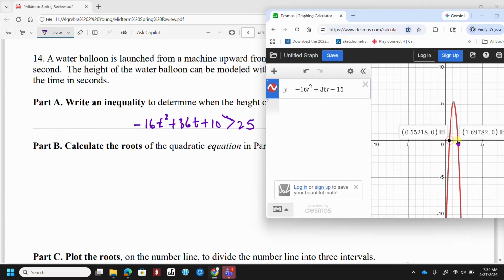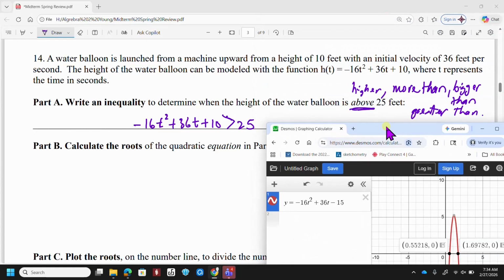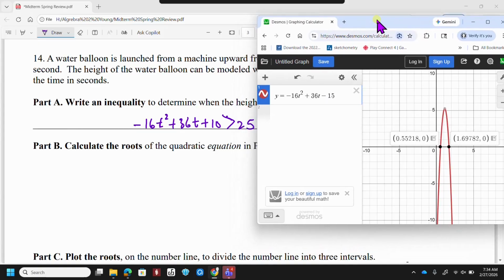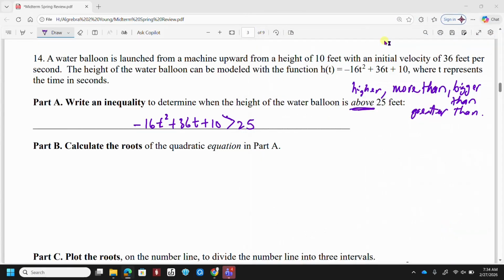It happens to be a decimal, but that's fine. If you want exact solutions, you can do it with the quadratic formula. But for this one, you can use decimals.